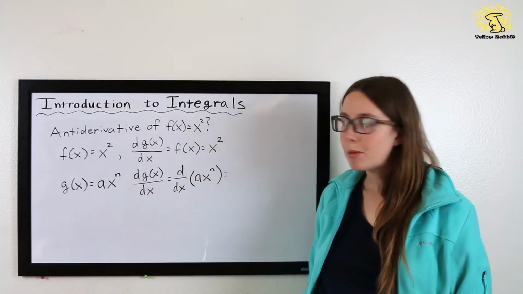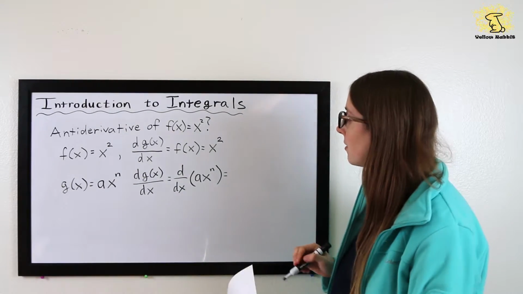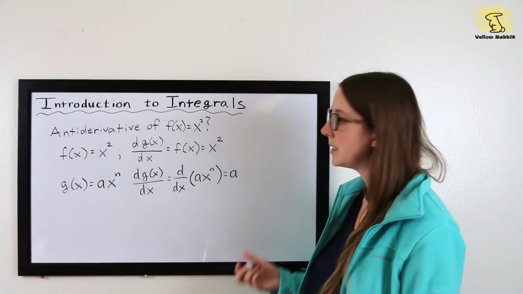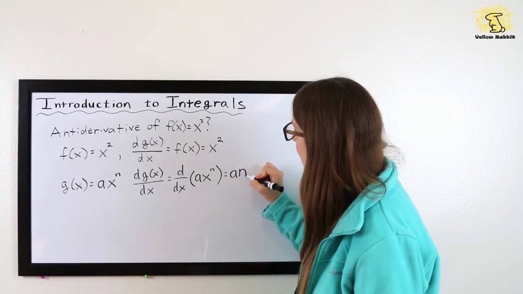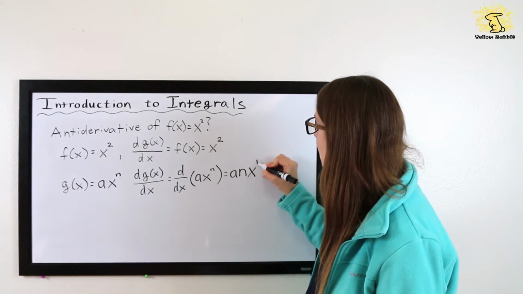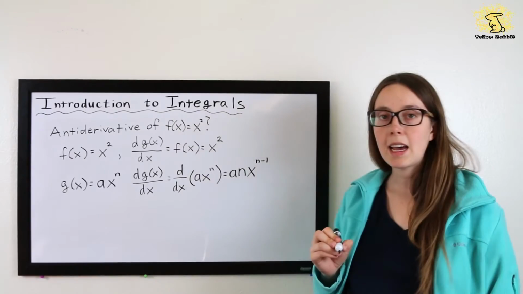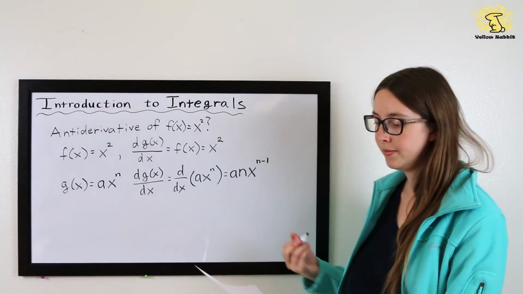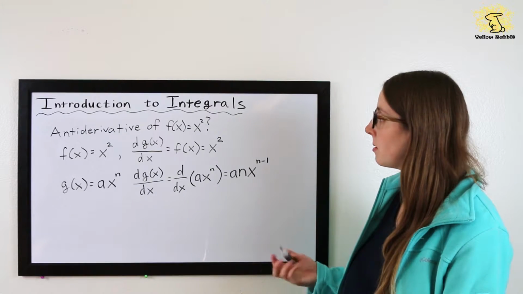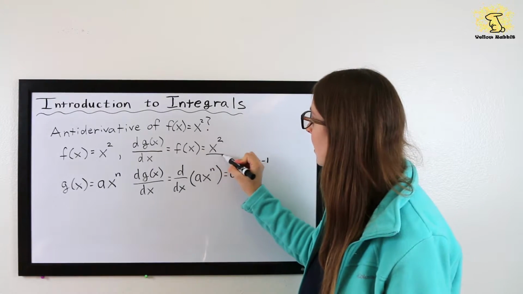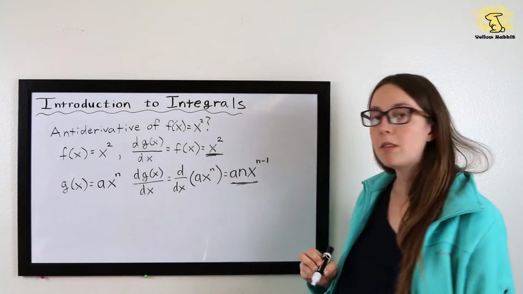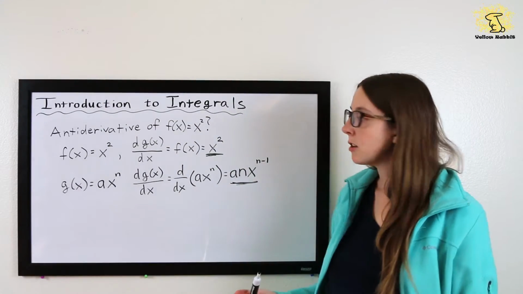And using what we know about solving derivatives, the derivative of this polynomial would be a, the constant a, times n, whatever the value of the power was, times x to the n minus 1. In order for this to be a workable system, these two expressions for the derivative of g of x must be equivalent.